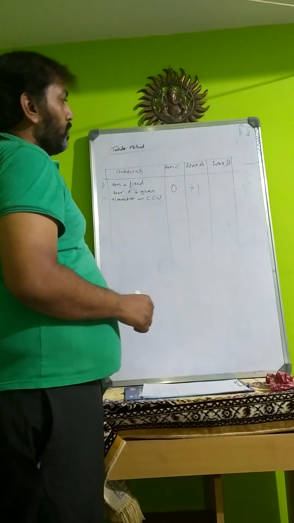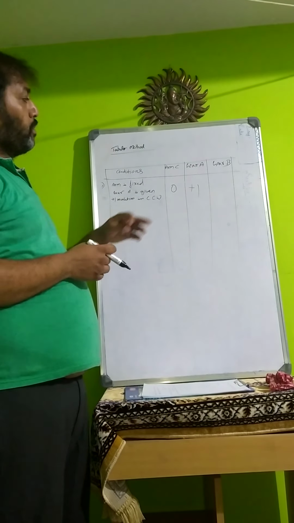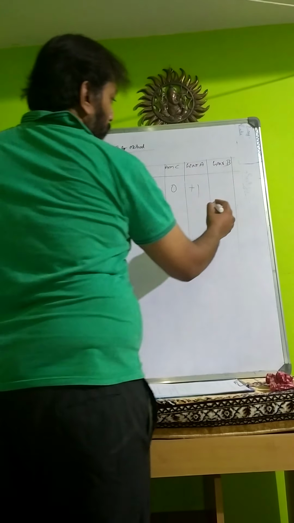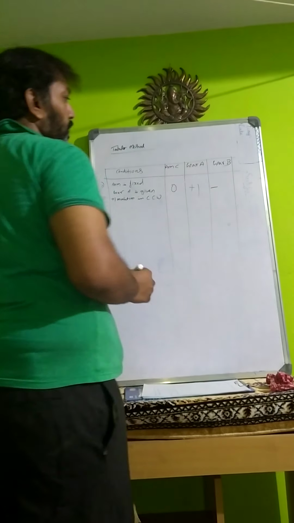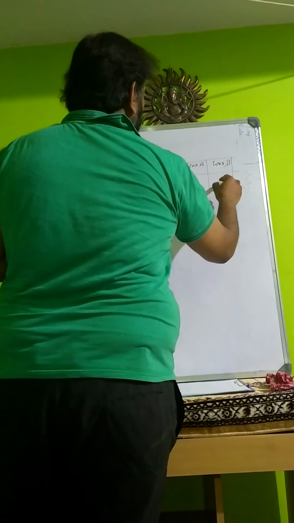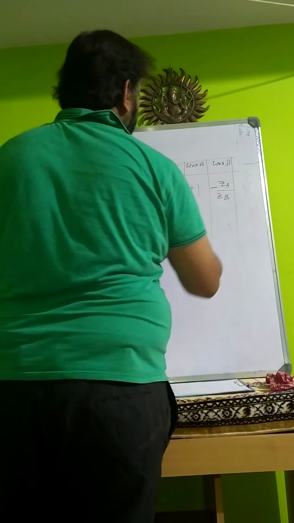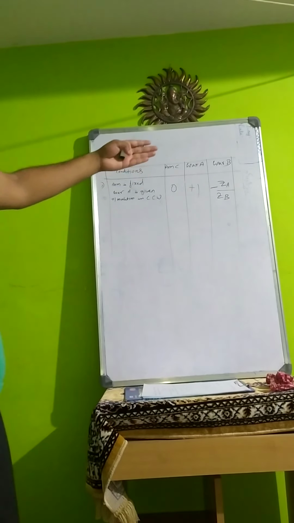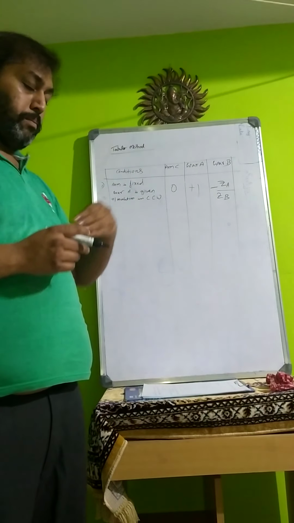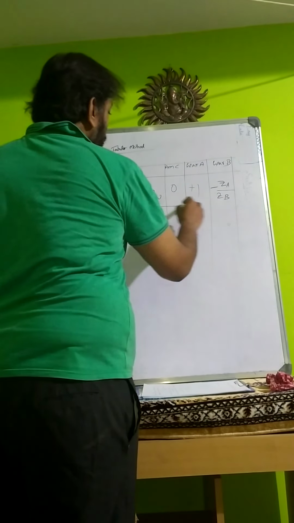Gear B rotates in the clockwise direction, so we have a minus sign, and the ratio is ZA by ZB, the number of teeth of gear A to the number of teeth of gear B.